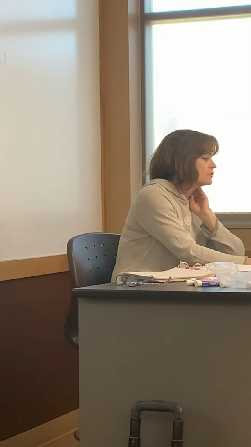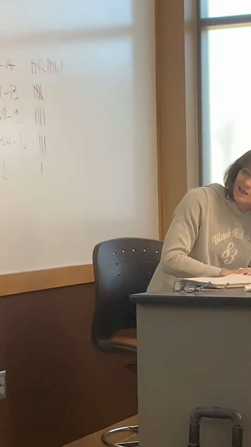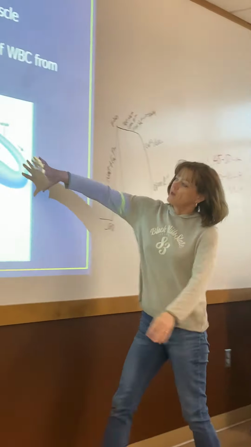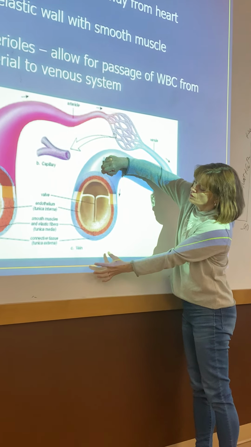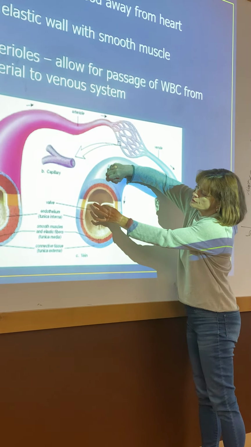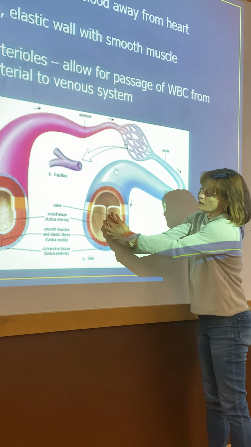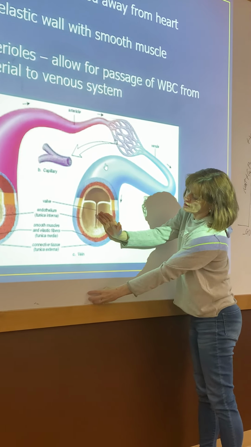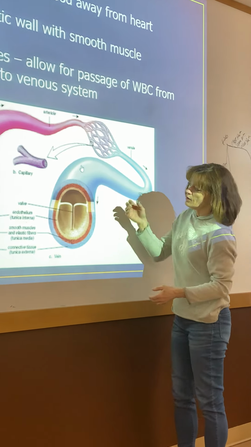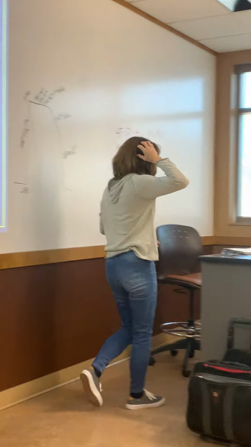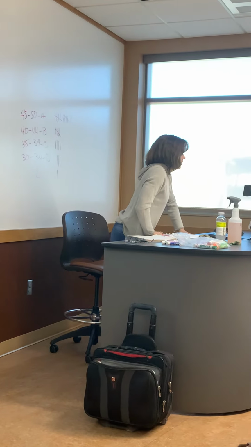So the only way we can carry blood back to the heart, especially from our legs, is random muscle contractions where we squeeze the vein, pushing the blood through the valve. When the blood wants to backflow, it closes the valve. We squeeze the next section, we push it through the next valve. Those random muscle contractions send our blood back up to the heart.